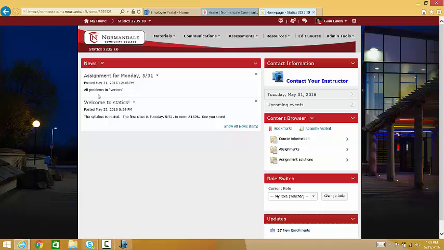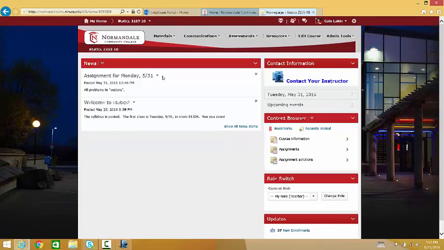There's one here right now that says welcome to statics. The syllabus is posted, and all the posted materials are going to be under materials and then content. I'll show you how to get there. And then usually after class, after I know what we've covered, I'll go back and tell you which problems are assigned, and I'll post that in the news.